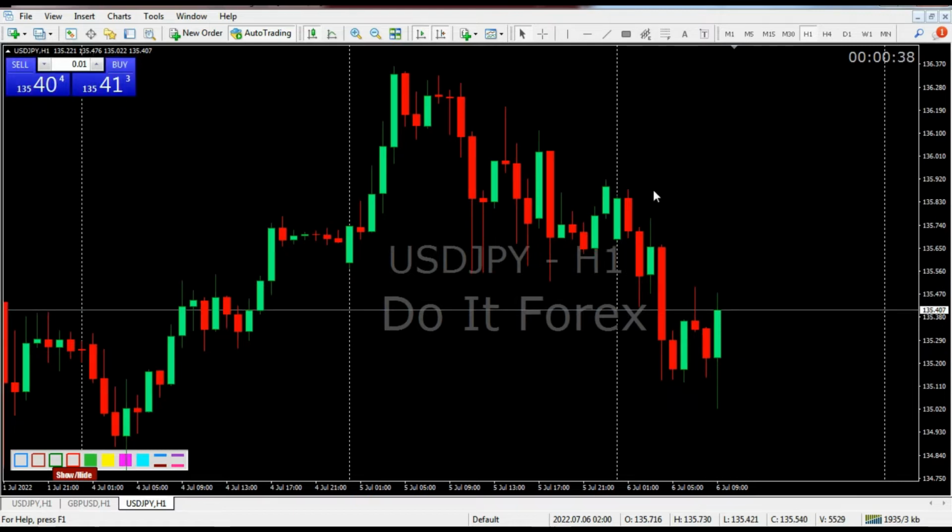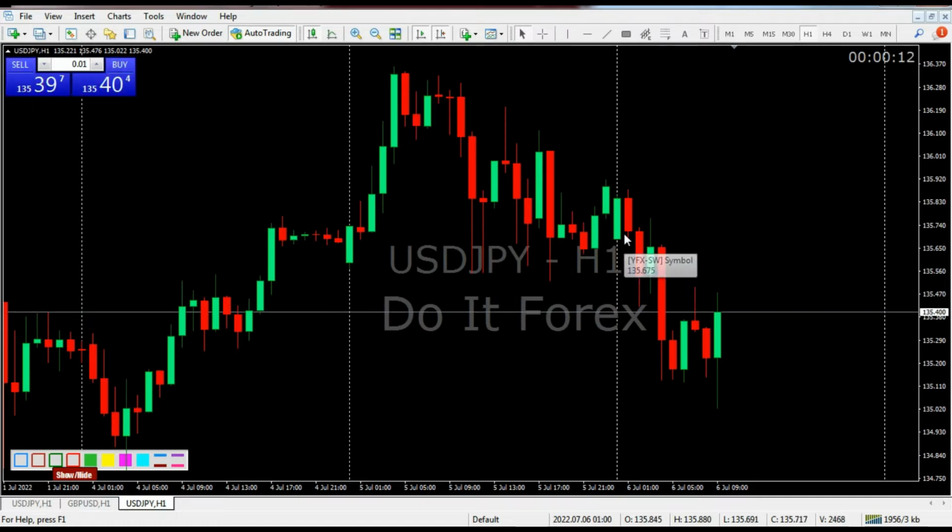So how do we trade? It's very simple, and let me show you, guys. First of all, we count the candles from the vertical line of the opening daily candle, and we draw the Fibonacci.